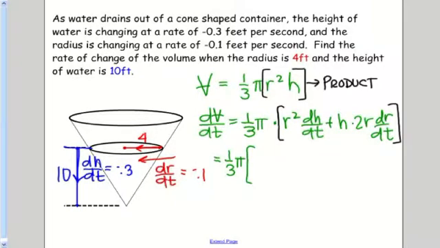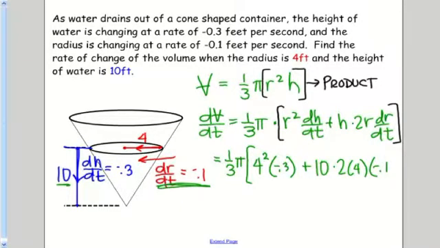And then inside our brackets, r squared is going to be 4 squared. dh/dt is right here, is negative 0.3. And then I've got plus h, which we have over here, is 10. Times 2r, r is 4, so I can go ahead and plug that in. And then I've got dr/dt right here, is negative 0.1.